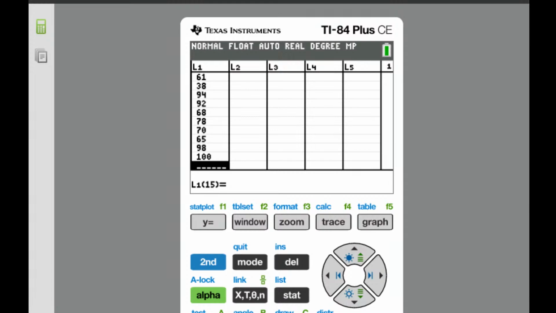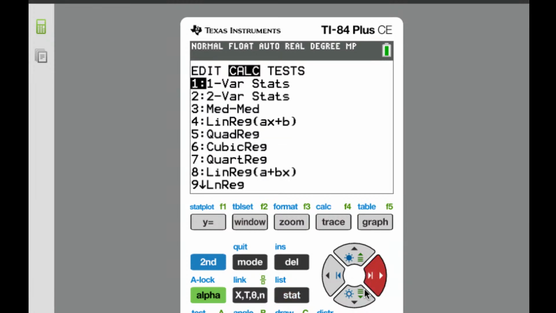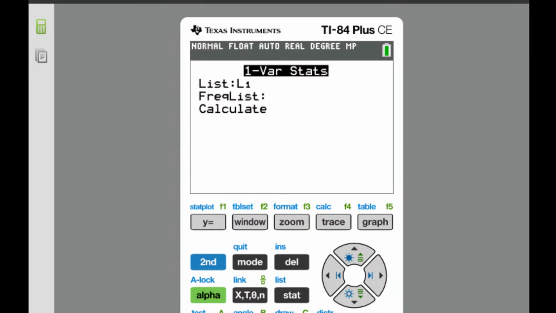Now, you say, what am I going to do? Well, I'm going to say to you guys, go to Stat again, but this time go to Calculate. Remember when I asked you guys how to get the mean, variance, and standard deviation? Do you guys remember that? That was on test 1. It's going to be on test 2. You're going to hit calculate one variable stats.